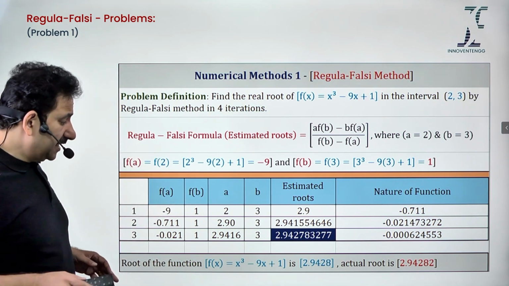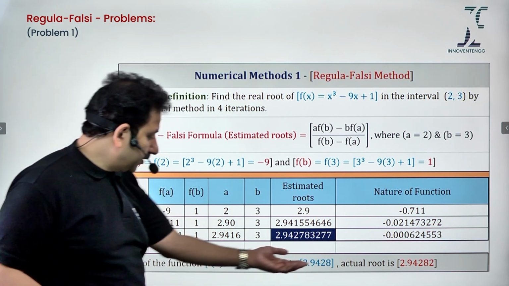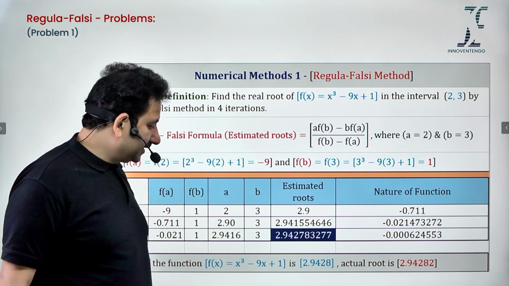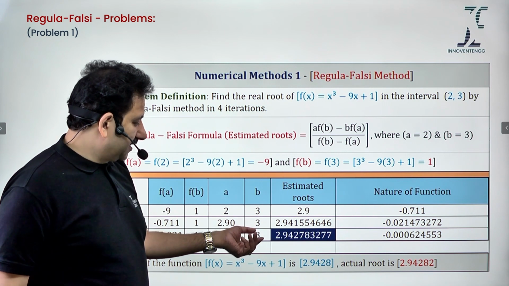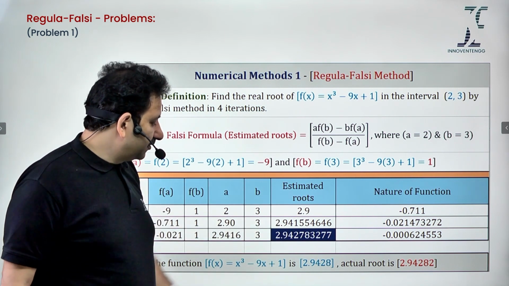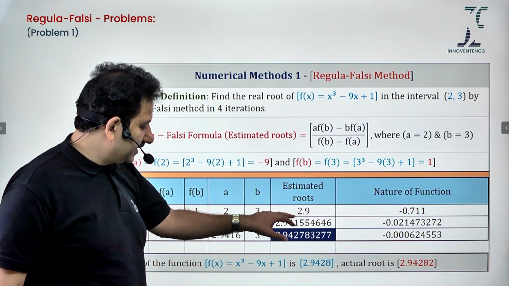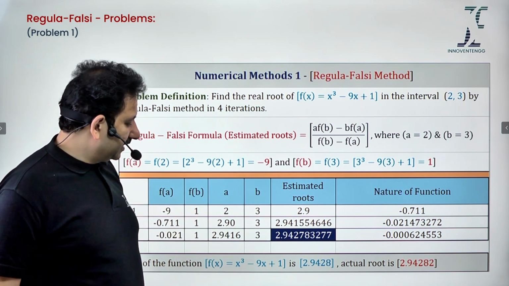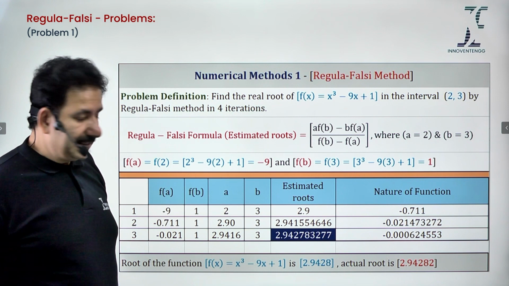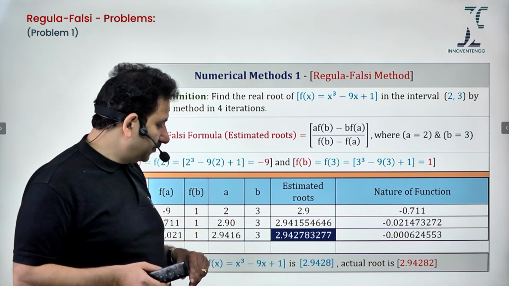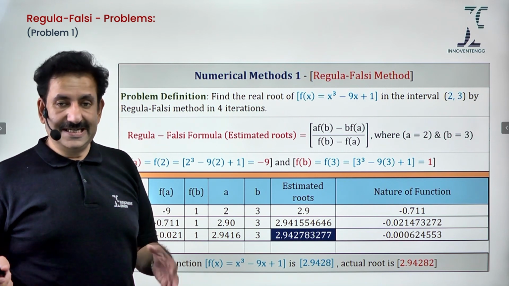But in a typical examination, you may not know the actual root because you will not have any graphing calculator allowed. And in such a situation, you are simply going to observe how the values are changing. You can see there is a significant difference between the first and the second iteration, and between the second and the third iteration, the change in the value is very, very negligible.